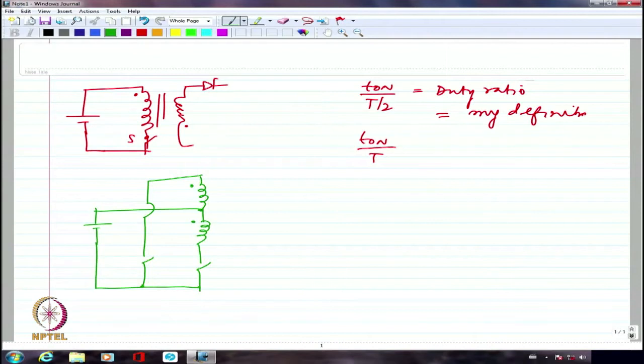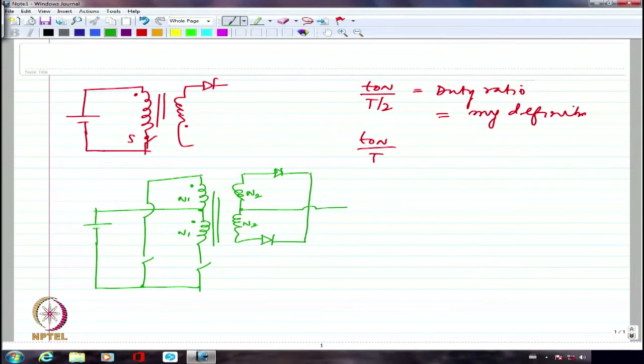On the other side, I'm going to have again two secondary windings. So if I may call this as N1, this is also N1, whereas this is N2, this is also N2. The number of turns are N2. So I am going to have here a diode, one more diode here, center tap rectifier configuration, and then I'm going to have from here an inductance.